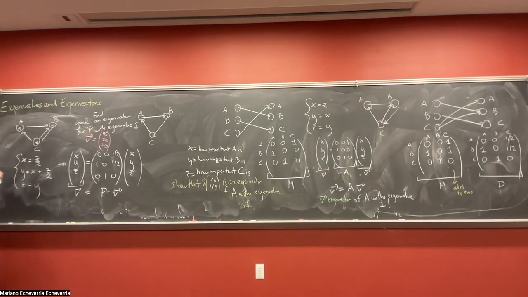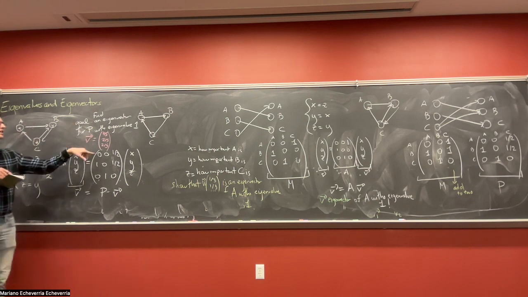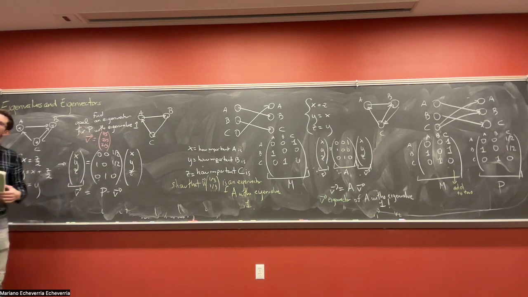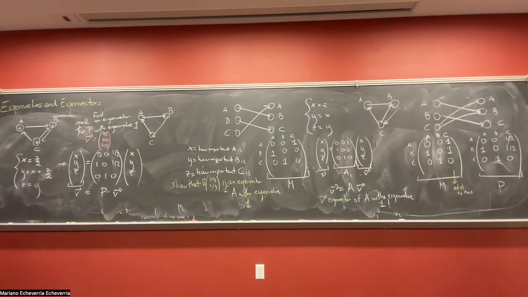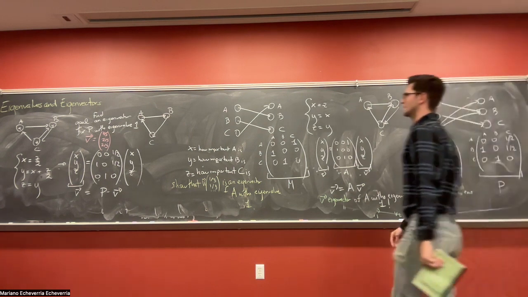To summarize, the entries of the eigenvector are the relative amount of time you spend on each website. That's the first step into how this ranking of websites works. There are obviously many more technicalities, but it's a toy model of how this is supposed to work.